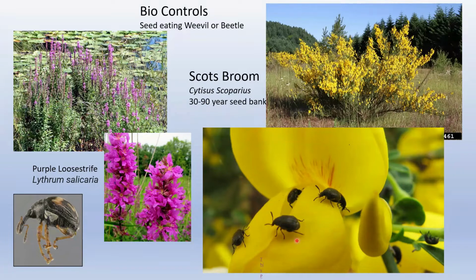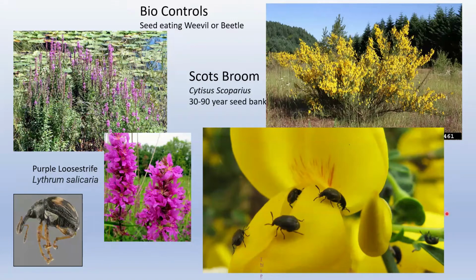There is a weevil, and there's also a beetle that is a biocontrol for this. We used this on several stands of Scotch broom. The weevil and the beetle only eat the seed, so it's a seed reduction technique. So it takes time. It really takes time for this to catch on and for the populations to get big enough to make an impact.